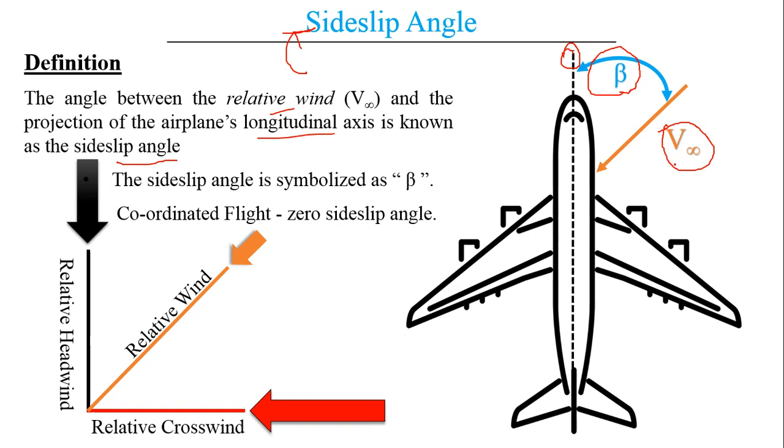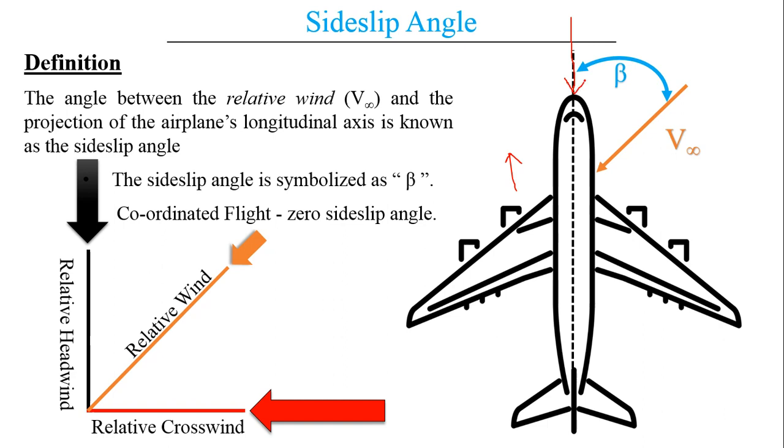So what is this relative wind which we are talking about so conveniently? Let us consider that we are having a headwind. Normally we will be having a headwind, that is, if the aircraft is flying in this direction, consider this as straight, and there is some wind which it is experiencing on its nose or on its face.